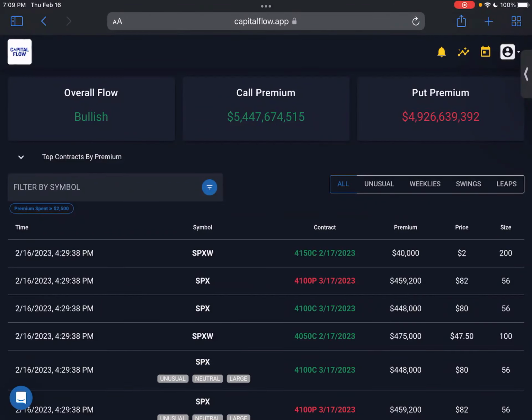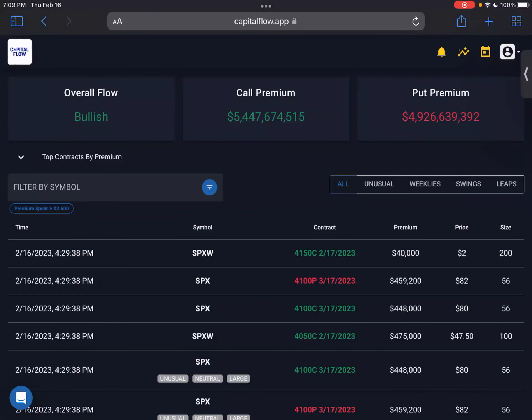So what I mean by that is right now you can see that the overall flow is bullish, more money went into calls. But if you look at the market for the day, we actually finished red. We didn't just finish red, we finished super red. We sold off really hard, but we sold off really hard at the end of the day. We started the day on a nice uptrend, so people were buying calls. The market was moving up at the open and the put premium was lower.